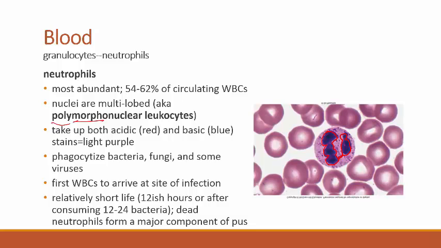So all that whitish goo that squeezes out of a sore is primarily, or has a lot of that material, the white blood cells. Okay, so neutrophils, all about consuming bacteria and fungi and taking care of infections when they arrive.